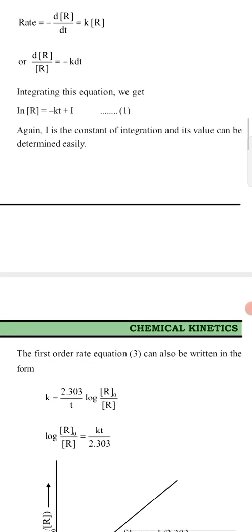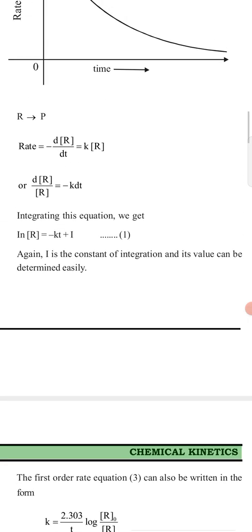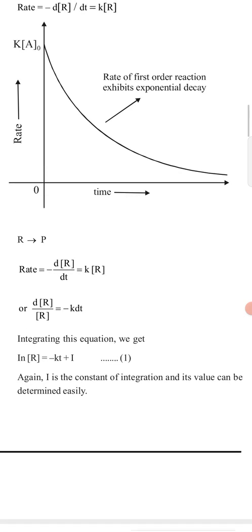So this is the rate law of the first order reaction: log R0 by R equals kt by 2.303. Now this is the rate versus time, minus dR by dt is the rate, versus time. The rate of the first order reaction exhibits exponential decay, because the negative sign is there, so decaying will occur.